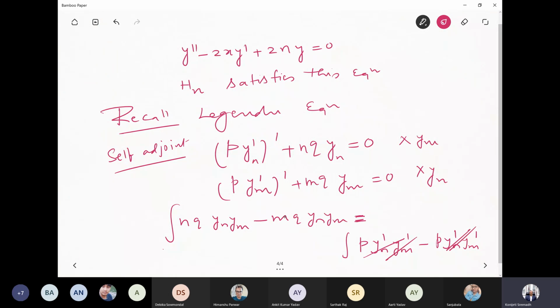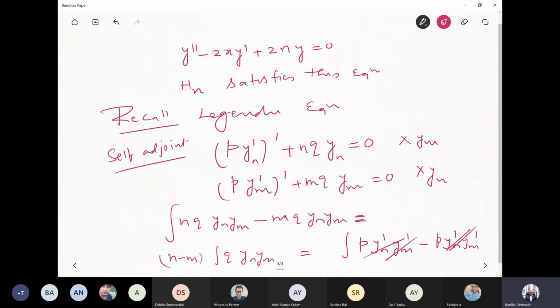And this equation is going to be q into yn into ym into n minus m. So this is (n minus m) into q yn ym.